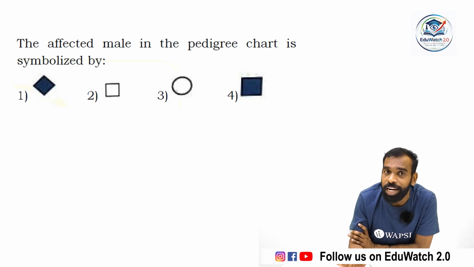Non-affected person will not be shaded. You know, there is a specialized symbol for male, there is a specialized symbol for female, and the affected person will be shaded by using colors.